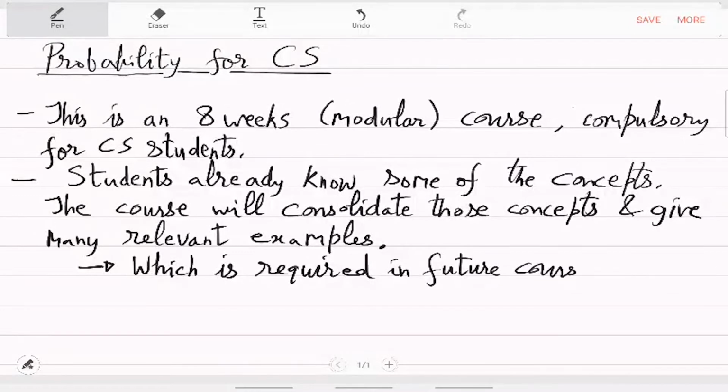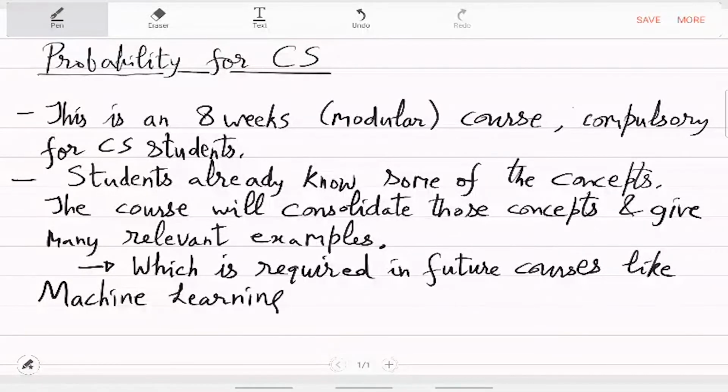Future courses like machine learning, randomized algorithms, of course. Randomized algorithms obviously use probability both to run the algorithm and then to analyze its complexity and success or failure. How good is it?